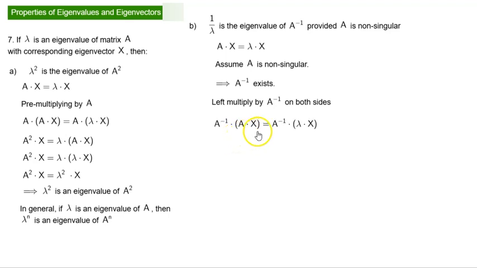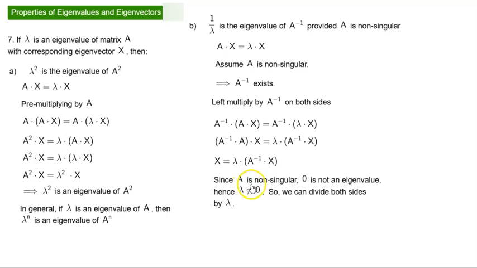So A inverse times A times x is equal to A inverse times lambda times x. Regrouping, we get A inverse times A times x is equal to lambda times A inverse times x. And here A inverse times A is I, times x is x, is equal to lambda times A inverse times x. Since A is non-singular, 0 is not an eigenvalue.